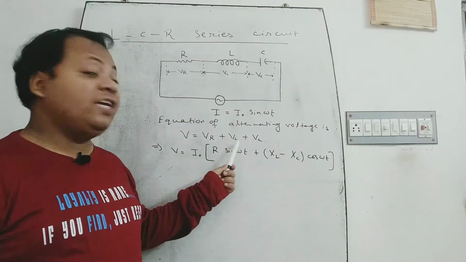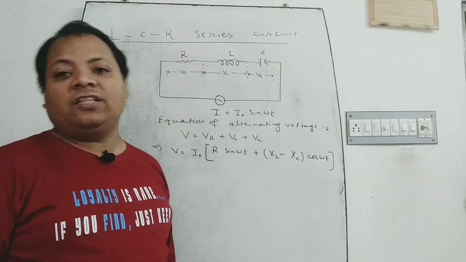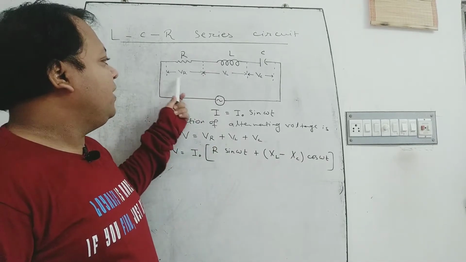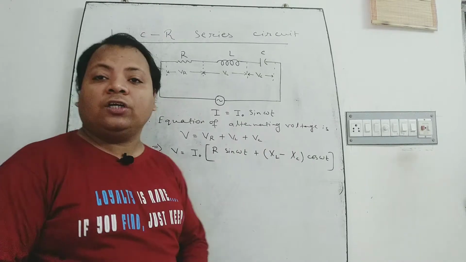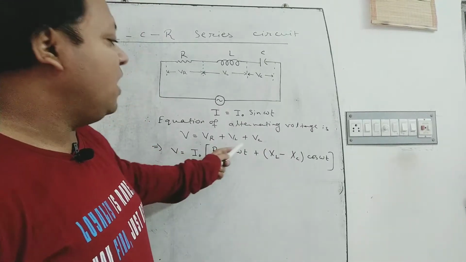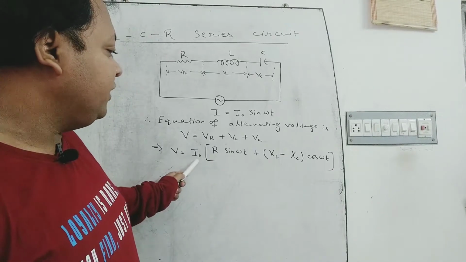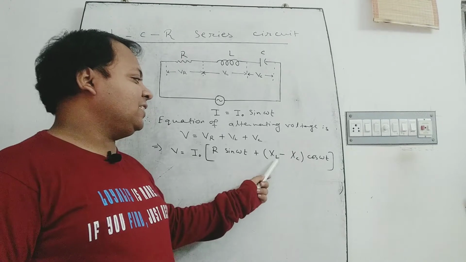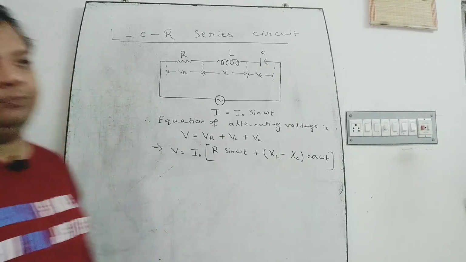Now the total potential of the circuit V is equal to VR plus VL plus VC, since they are connected in series. Now we can put in the values of VR, VL and VC. We have V equal to I0 times (R sin ωt plus (XL minus XC) cos ωt).